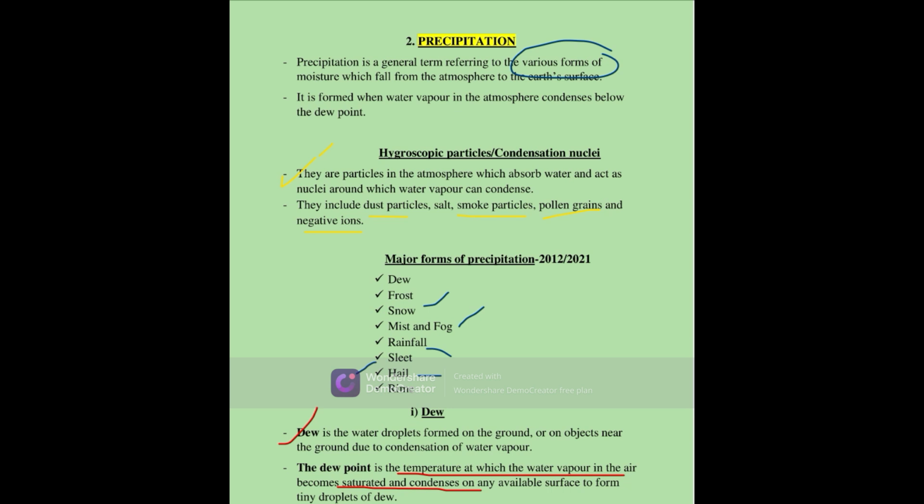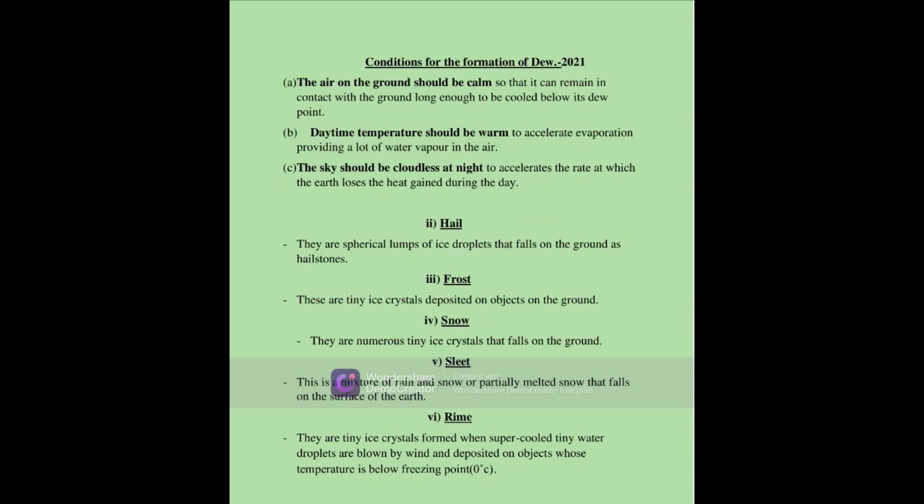We want to look at some of the conditions necessary for the formation of dew, because if it is not for these conditions, then we are not going to have dew being formed. Number one, the air on the ground should be calm. The reason is so that it can remain in contact with the ground long enough to be cooled below its dew point.